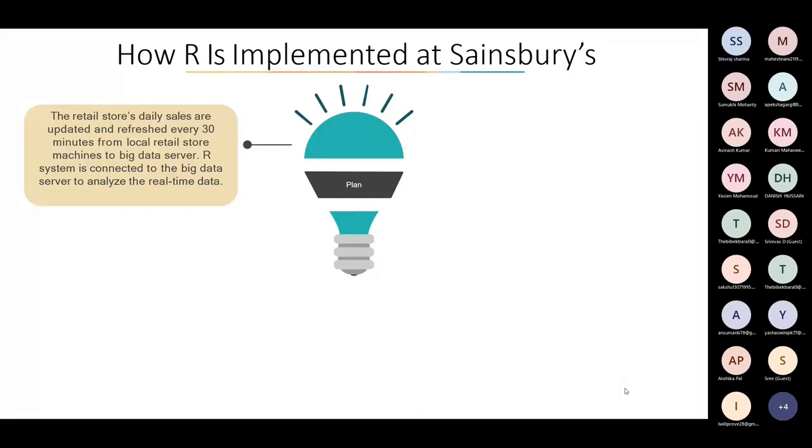But while the data is updating every 30 minutes, the R system connected to the big data analyzes it in real time, so the present scenario, or you can say very instant analysis, can be provided by the R system over there.